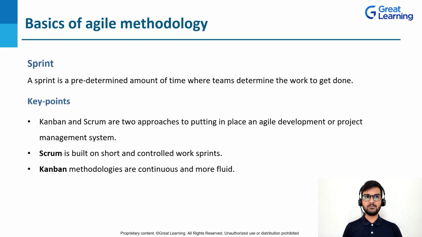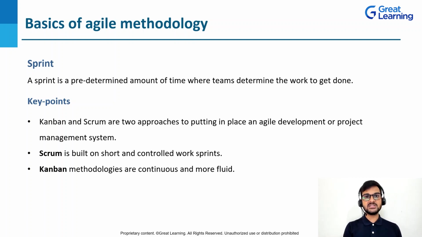Let me give you an example. So let's say you have several tasks in a particular project. So in sprint, we'll complete one task, then we'll move to the next task. So one task is there in the to do, then it will be in progress, then it will be done. Then we'll go to the next task. So that's how it works. There are sprints, there are limits. But when you talk about Kanban, it's completely fluid and very continuous.